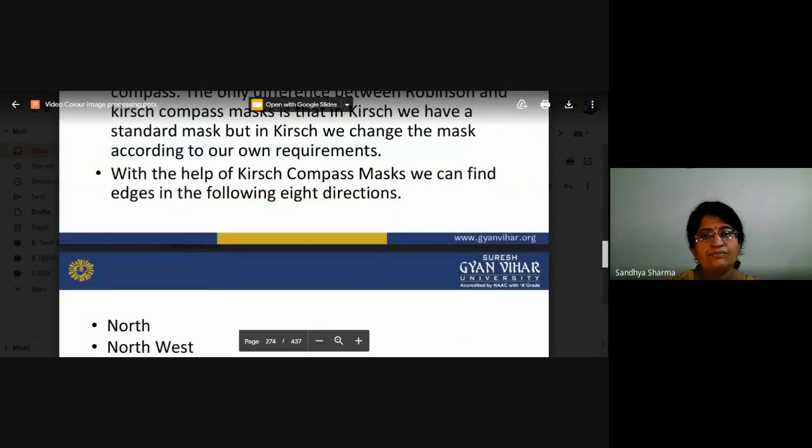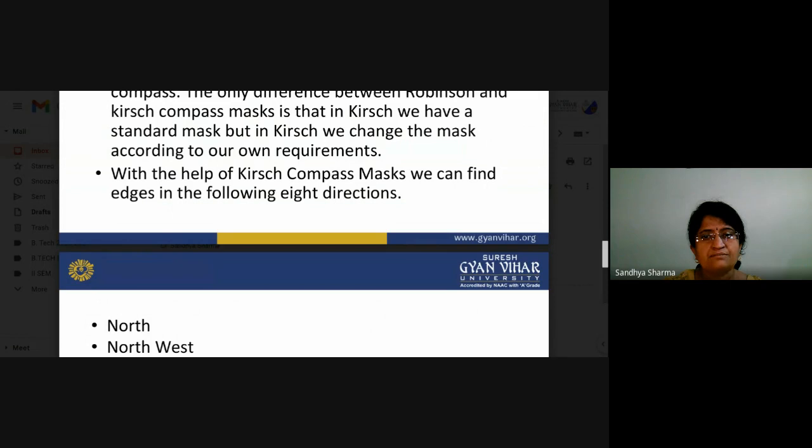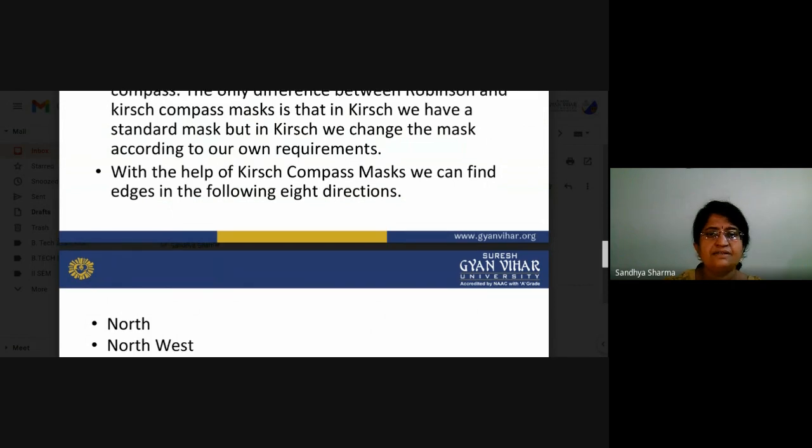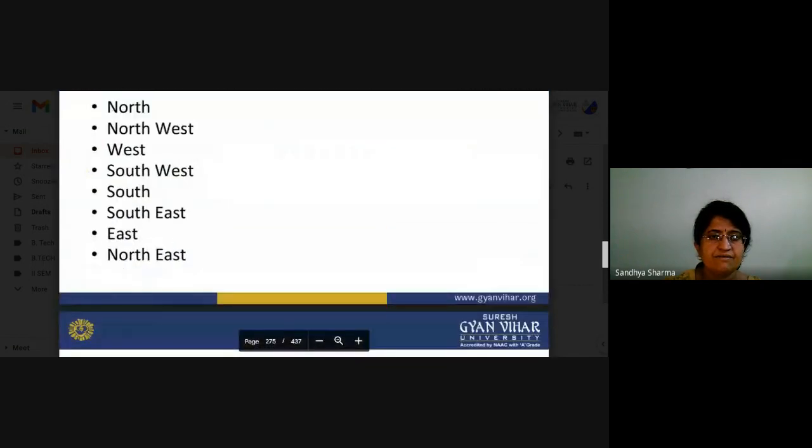With the help of the Kirsch compass mask, we can find edges in the following eight directions: north, northwest, west, southwest, south, southeast, east, northeast. So these are the eight directions in which we try to find the edges.